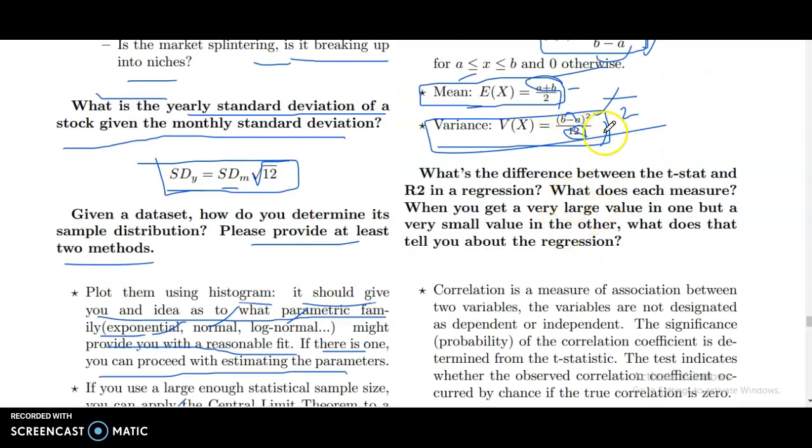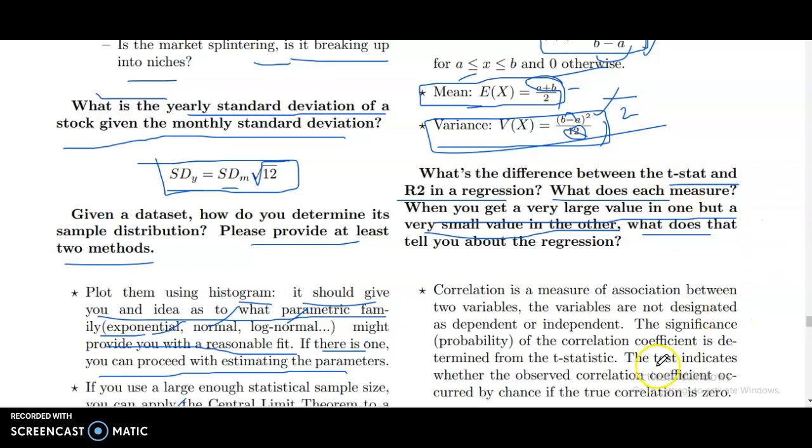What is the difference between the t statistic and the R2 in a regression? What does each measure? When you get a very large value in one but a very small value in the other, what does that tell you about the regression?